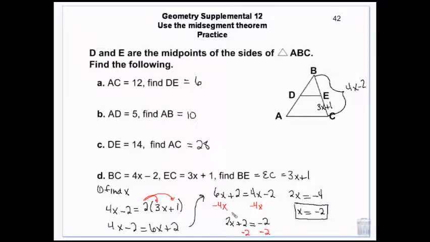Now this is actually a mistake on their part, which you'll see in a second. BE is the same as EC, which is 3x plus 1. So I'm going to type in that negative 2. Negative 6 plus 1 is negative 5, and a length cannot actually be negative 5. Do you guys see that?